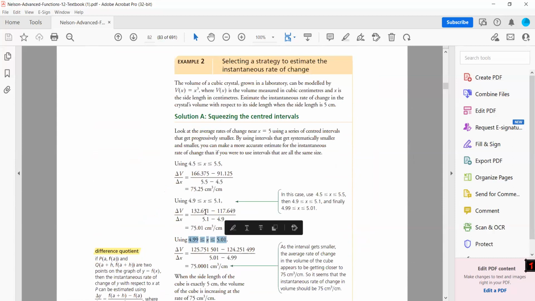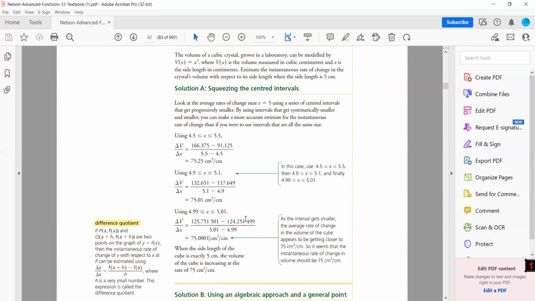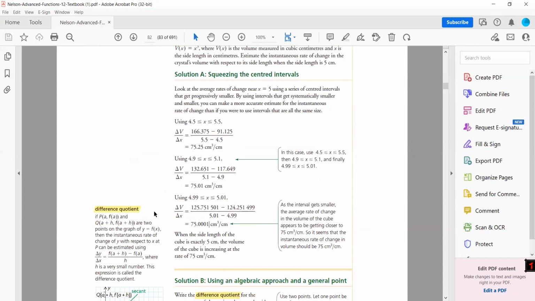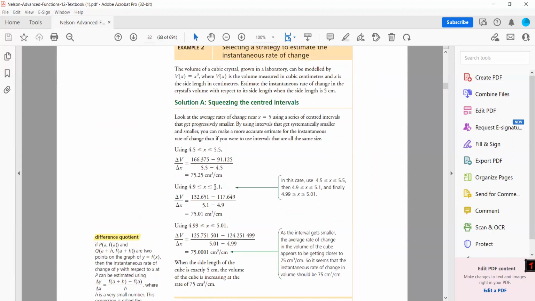Keep squeezing it more and more, which gives a more accurate estimate. You see up to 1/10,000, and that's not a limit. You can go even more. Please take a look at this example, and we'll move on. Let's not waste too much time on that.